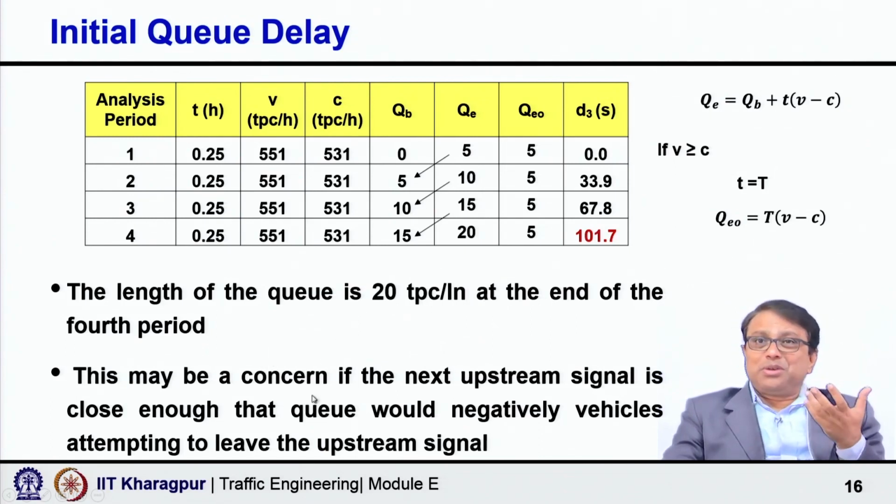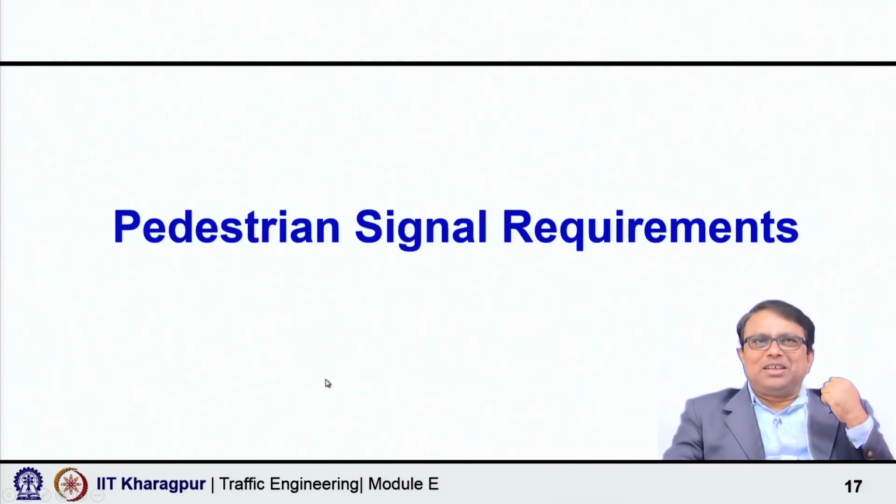This may be a concern, because then your Q storage ratio will be higher and higher, and depending on the situation it may even block the upstream signal, or even if it does not block, it will influence the operation of the upstream signal very significantly.